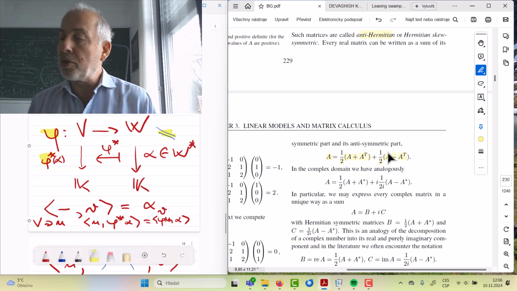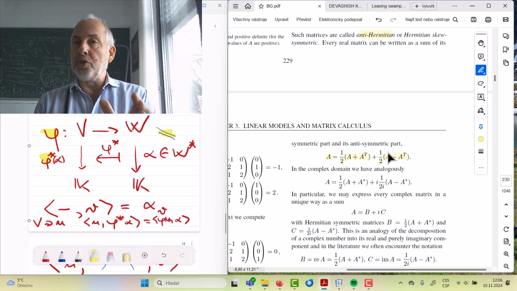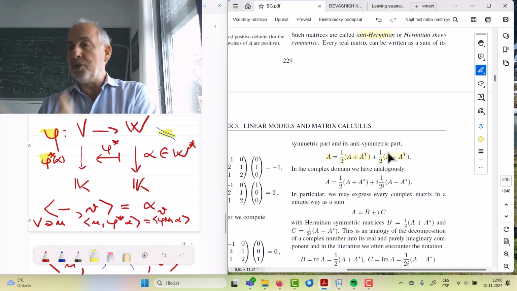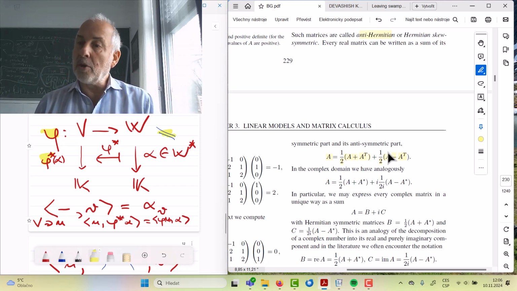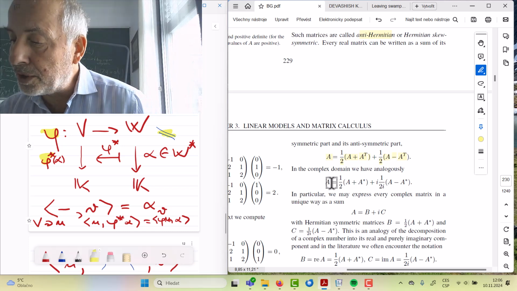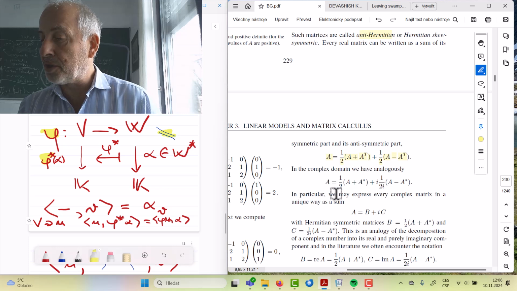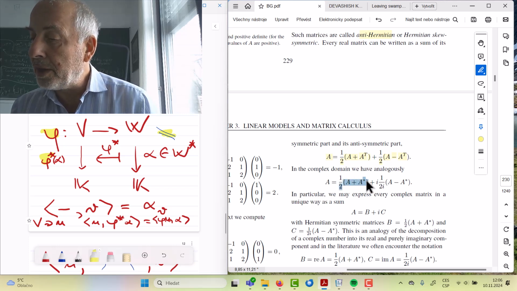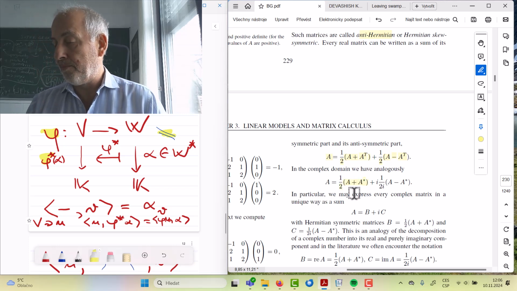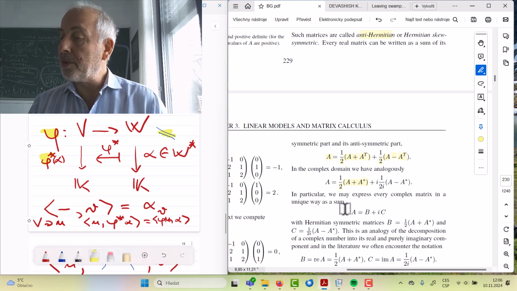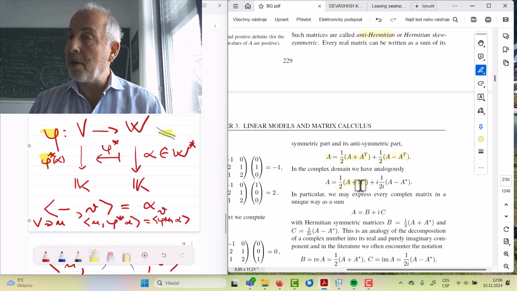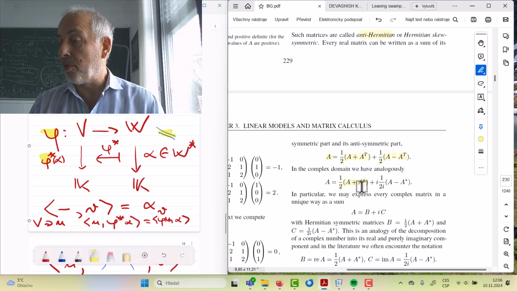And this corresponds to the decomposition of each real matrix into its symmetric part and antisymmetric part. But in the complex domain, we have analogously the same decomposition where you write A star instead of A transposed. So this guy will be clearly Hermitian symmetric, right? Because A star star is again A. That's always true, right?